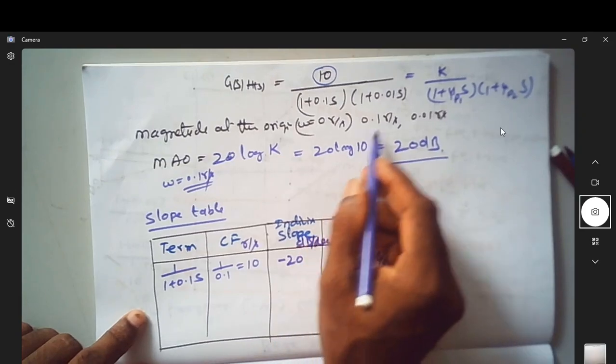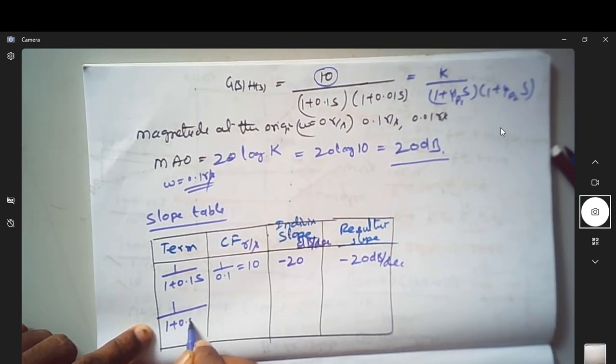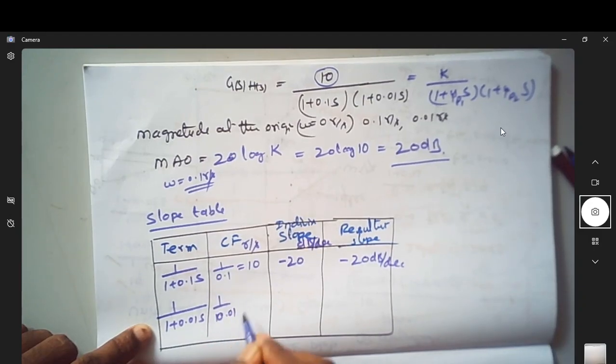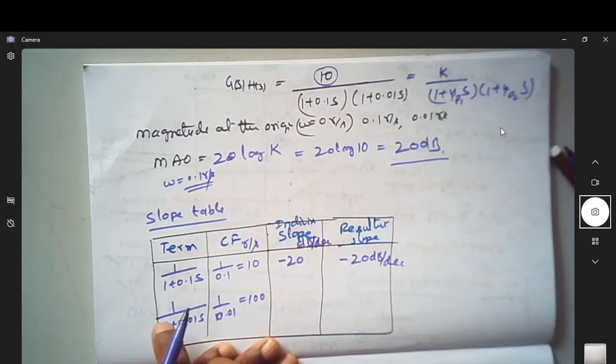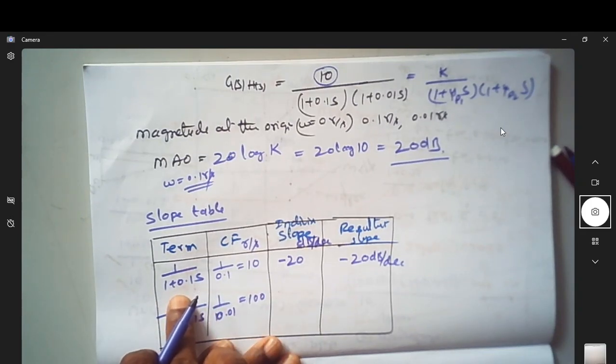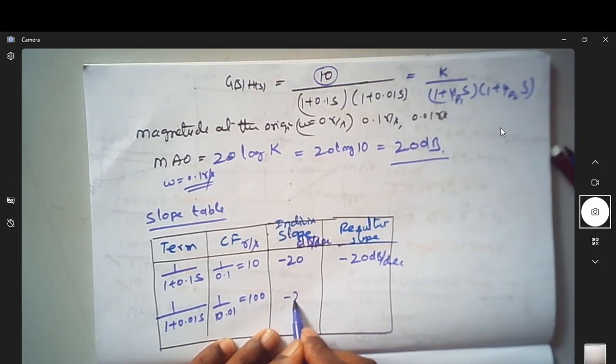So for the next term, you write it in the order of increasing cutoff frequency. Is it not 0.01? Yes. Is it not 1 over 0.01, which is equal to 100 radian per second? Now this will have a slope after 100 radian per second, which is equal to minus 20 dB per decade.